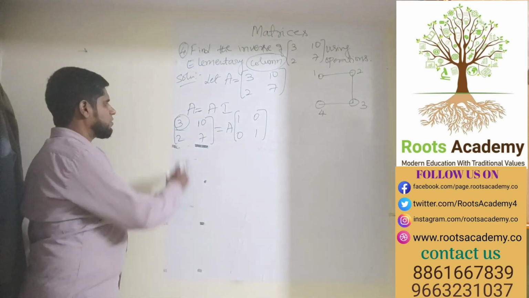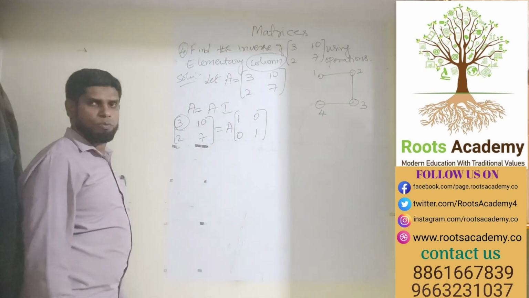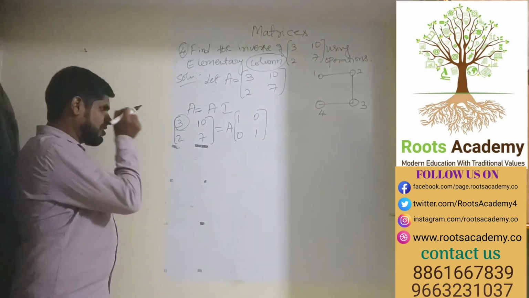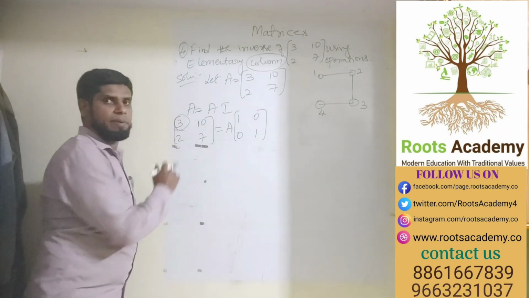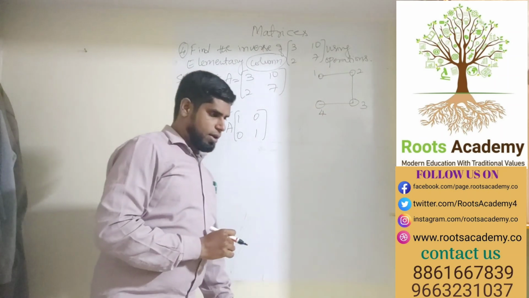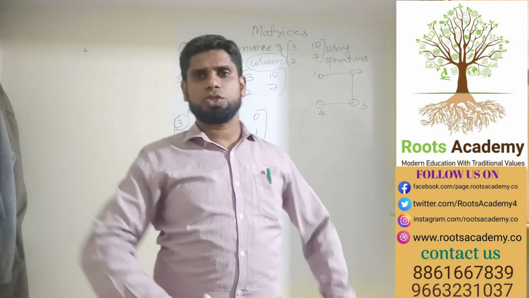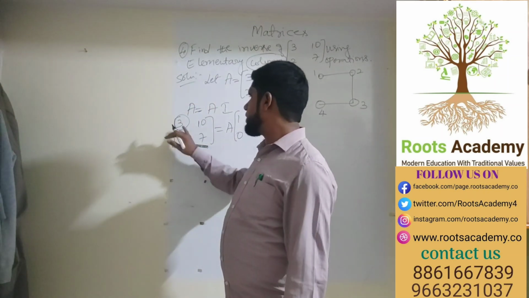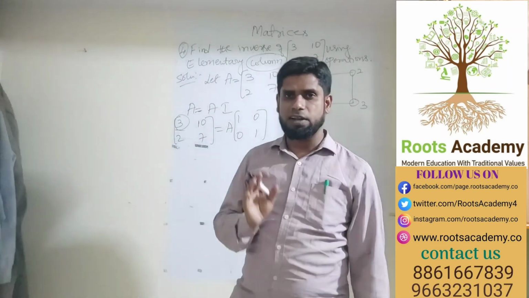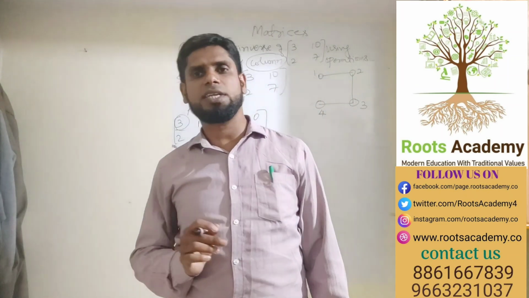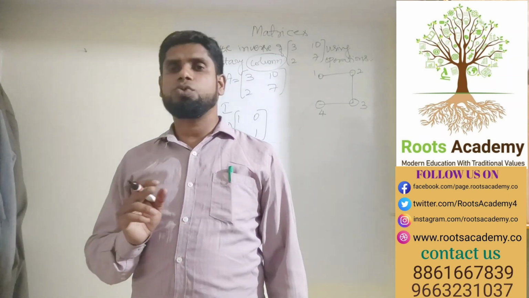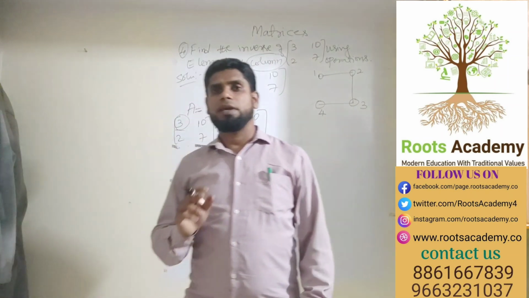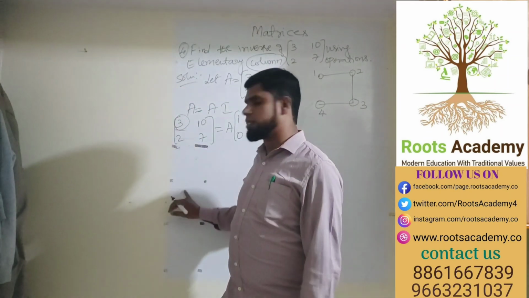In place of 3, I need 1. Now, the best method to make this 1 is I can divide by 3, but it's my suggestion to all the students, avoid division in the very first step. The reason is some students will get confused in LCM in the next steps.